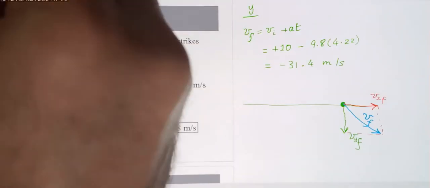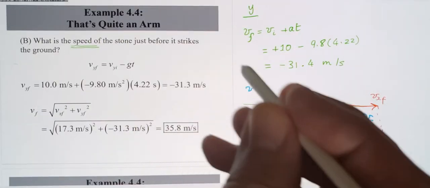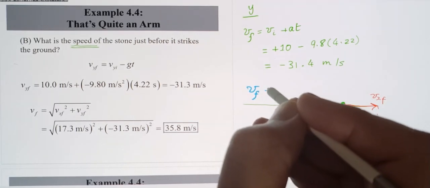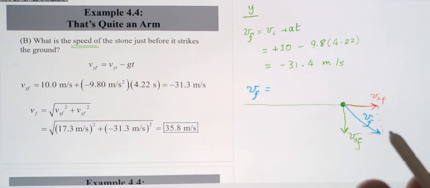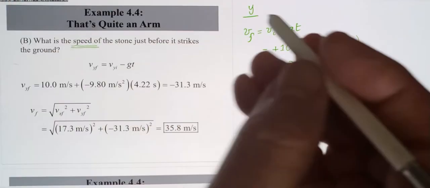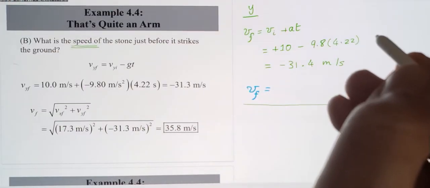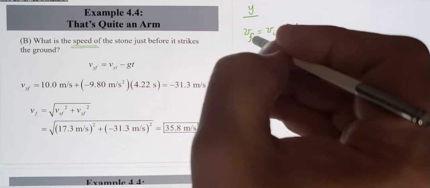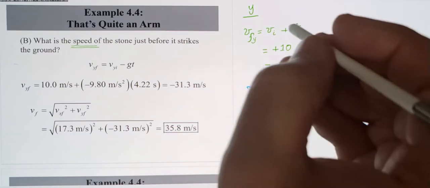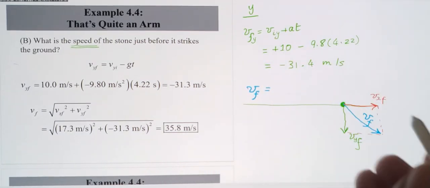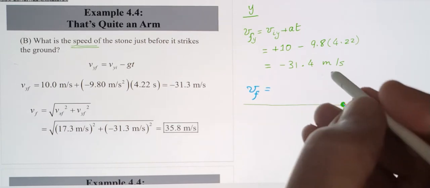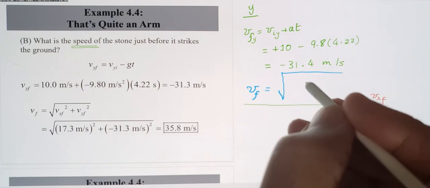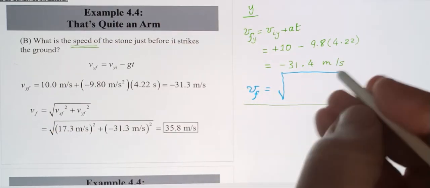Well, v final is equal to the square root of vx squared plus vy squared.